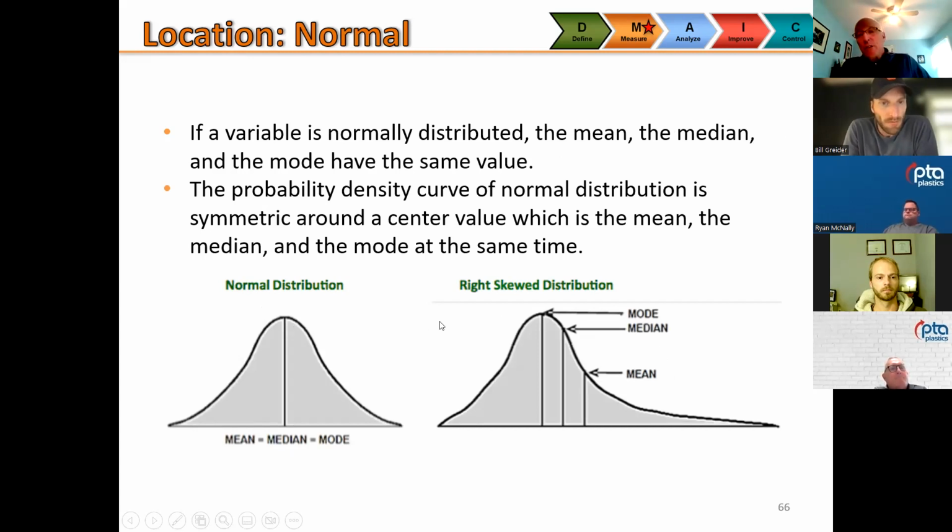But I could have a right-skewed distribution depending on what goes into the process, those vital few factors. Y is a function of X. Well, the X's could be calories, exercise, hours of sleep. There's a whole bunch of variables that go into that process, and it could skew one way or the other. But a normal distribution is where the mean, the median, and the mode are pretty central.